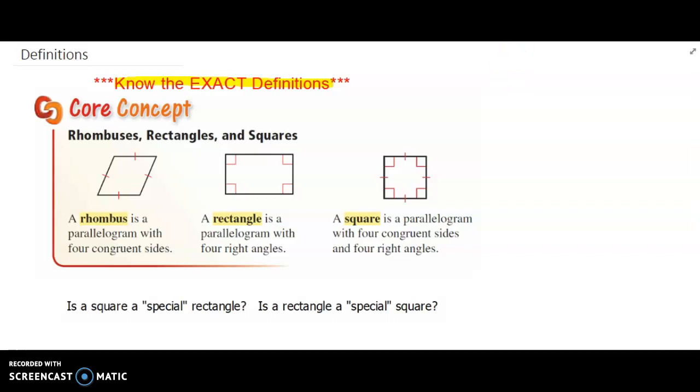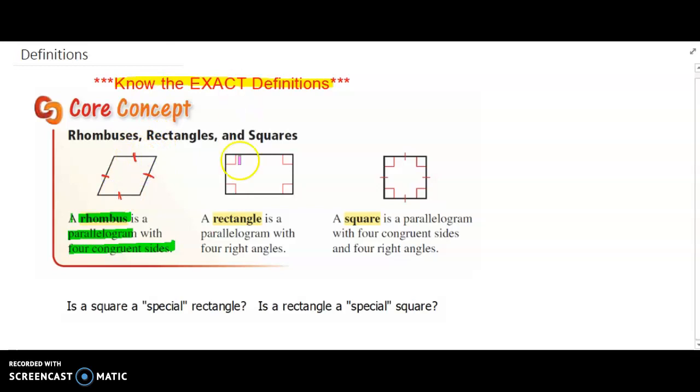A rhombus is a parallelogram with 4 congruent sides. Because a rhombus is a parallelogram, all properties of a parallelogram will also be true for the rhombus as well, plus it has the added property of 4 congruent sides.